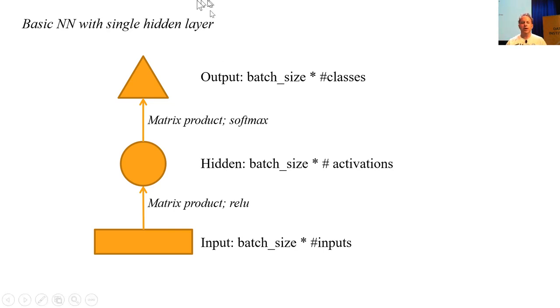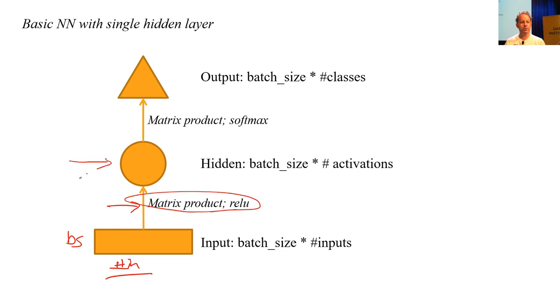Okay. So RNNs, I'm going to introduce a little diagrammatic method here to explain RNNs. And the diagrammatic method, I'll start by showing you a basic neural net with a single hidden layer. Square means an input. So that'll be batch size by number of inputs, right? An arrow means a layer, broadly defined, such as matrix product followed by ReLU.